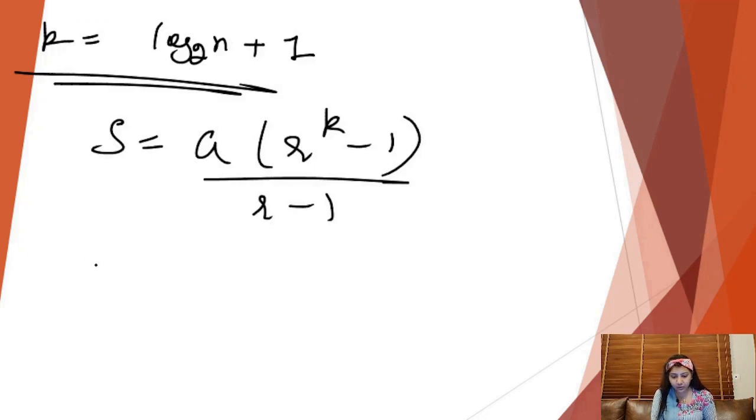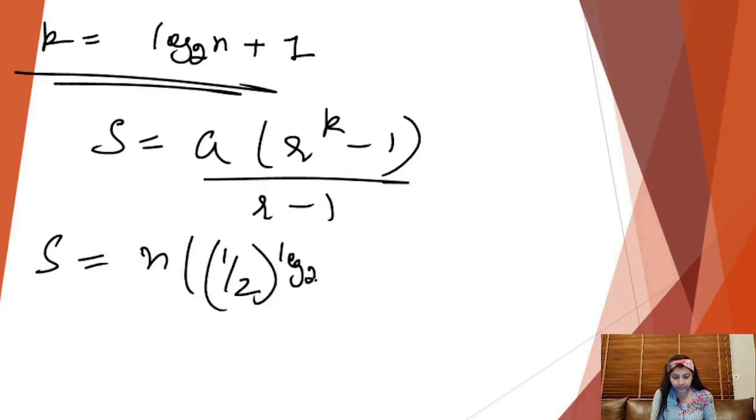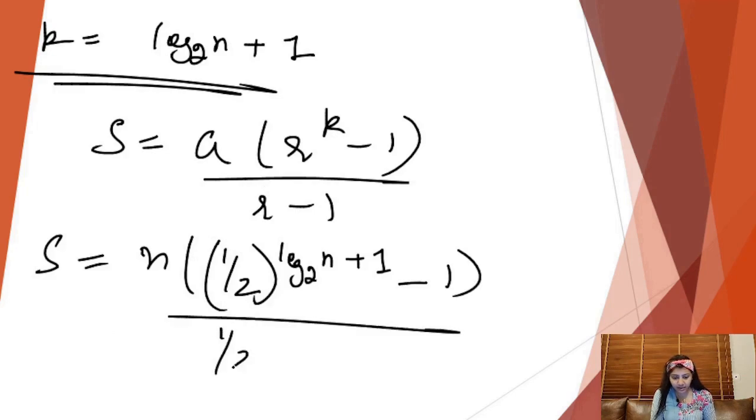We know the values. a is n, r is 1 by 2, the value of k is log n base 2 plus 1, this is minus 1 and this is 1 by 2 minus 1. Now we can solve this.